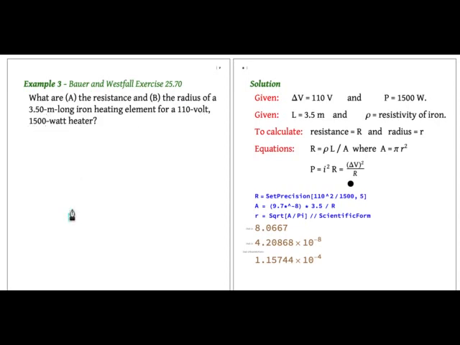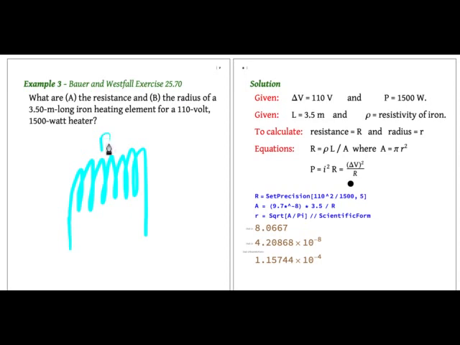So in other words, you have a heater which has a long heating element, and this will have some resistance across this heating element. If you pass a current, let's say a current I, into the heating element, there's resistance here. Let's say the length of the heating element is L, that's 3.5 meters.